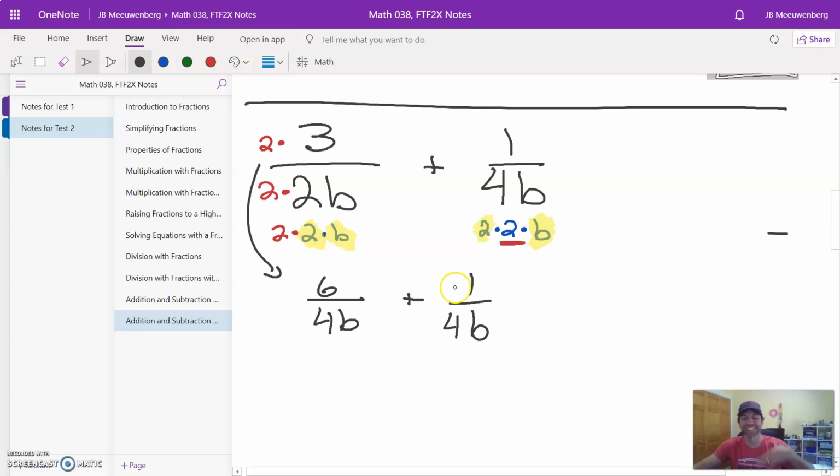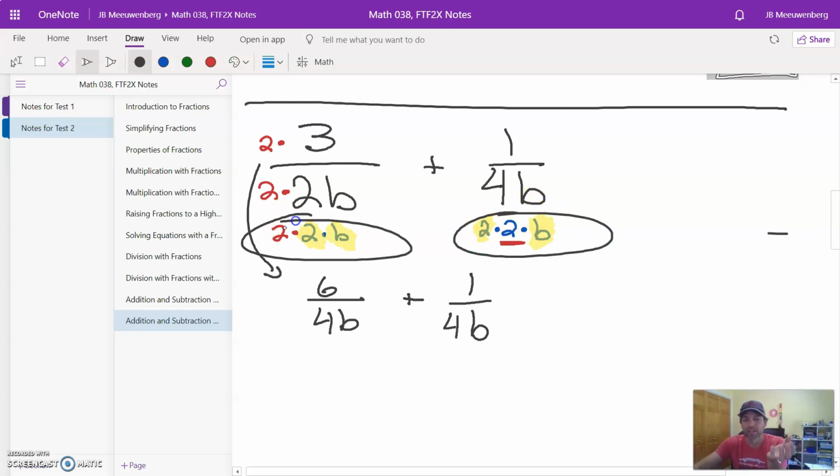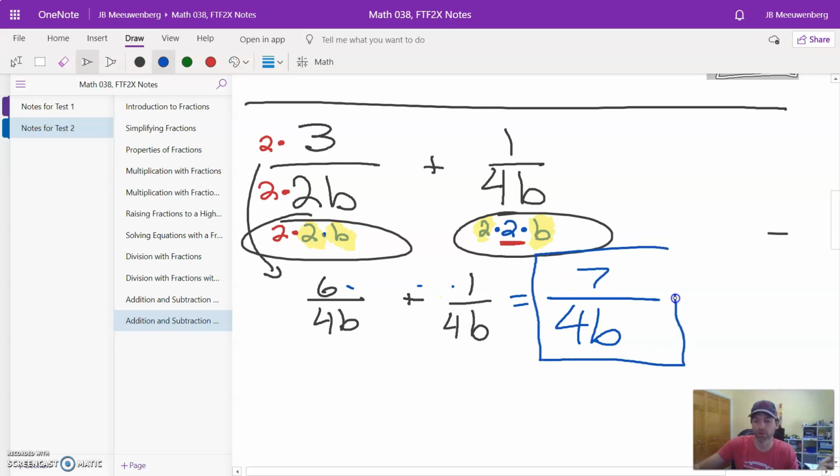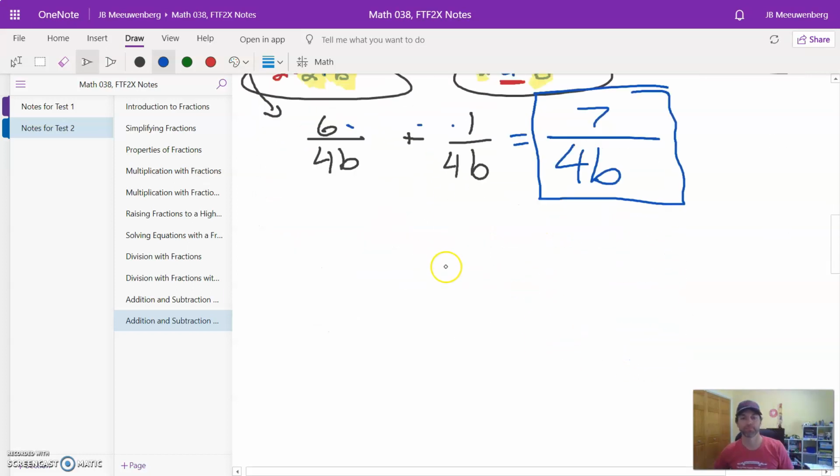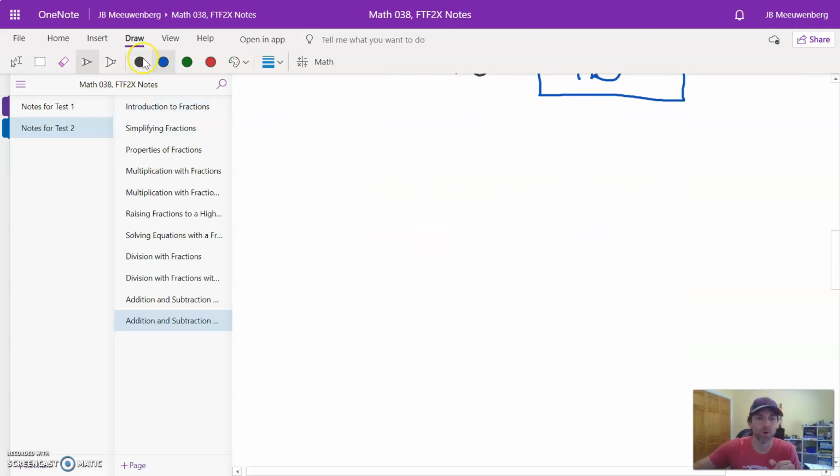But I want you to start to see the denominators not just as a single thing, but as the components, the ingredients that make them up. It's going to be much easier for you to figure these things out moving forward. Then we combine them. They have the same denominator, 4b. 6 plus 1 is 7. 7 over 4b.